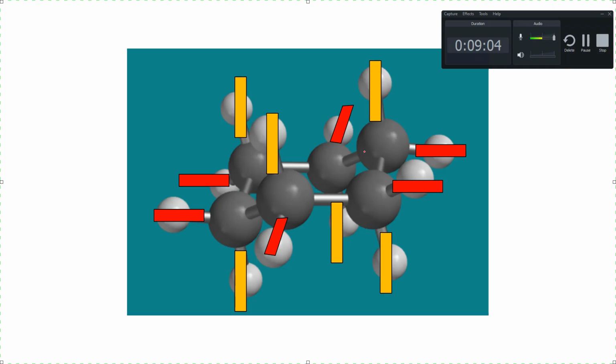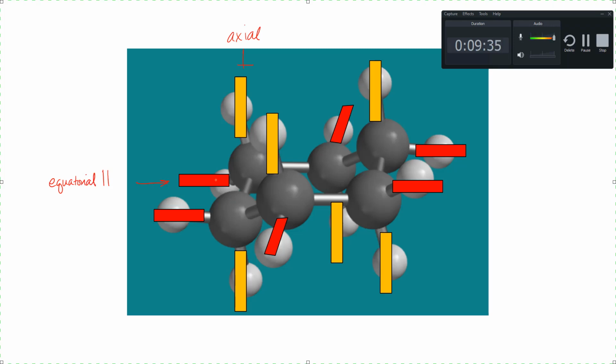With the exception of this one and this one, you can clearly see that they're parallel to the ring. So these positions that are perpendicular to the ring are called axial positions. And the positions that are parallel to the ring are called the equatorial positions.